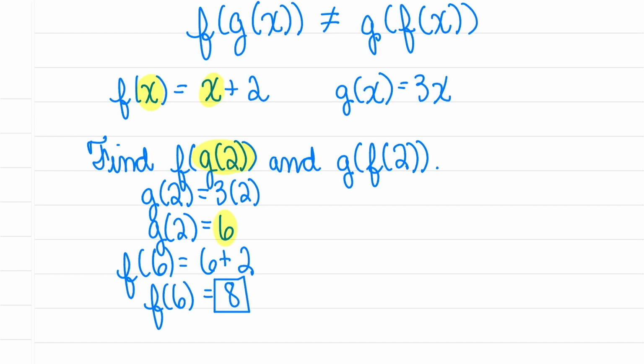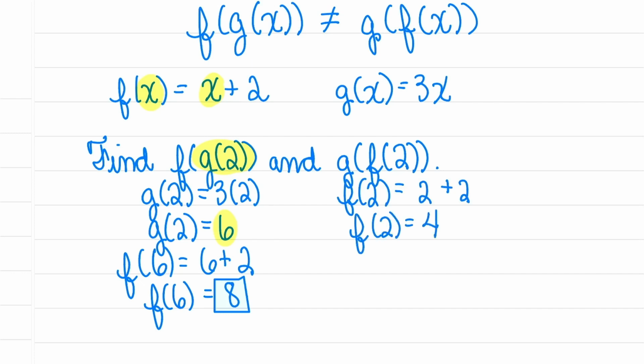Now let's do g of f of 2, excuse me, and see what we get. So we're going to evaluate the function f at x equals 2. So we're going to replace these two with 2. So f of 2 is 4.